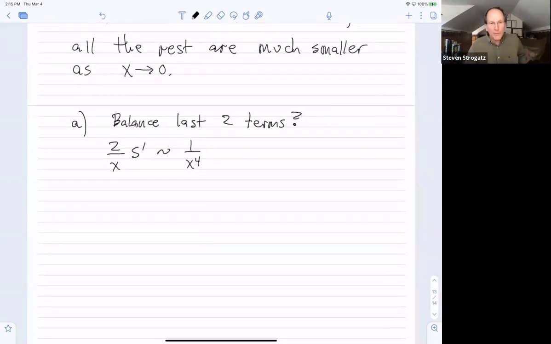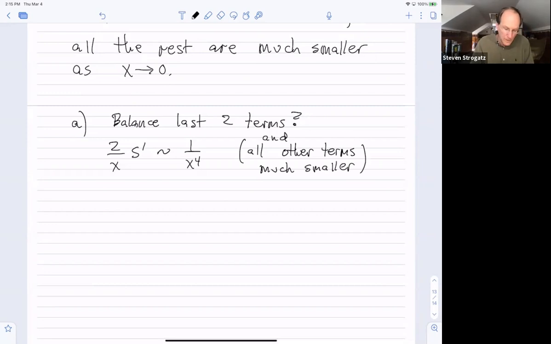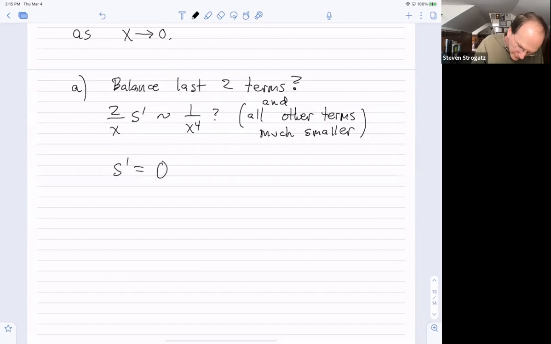Integration is a very mild operation, I mentioned earlier in the course. So we're also assuming, as I said, that all other terms are much less. Let's check if that's correct. Well, if it is, this would say that s prime is of the order of 1 over x cubed.